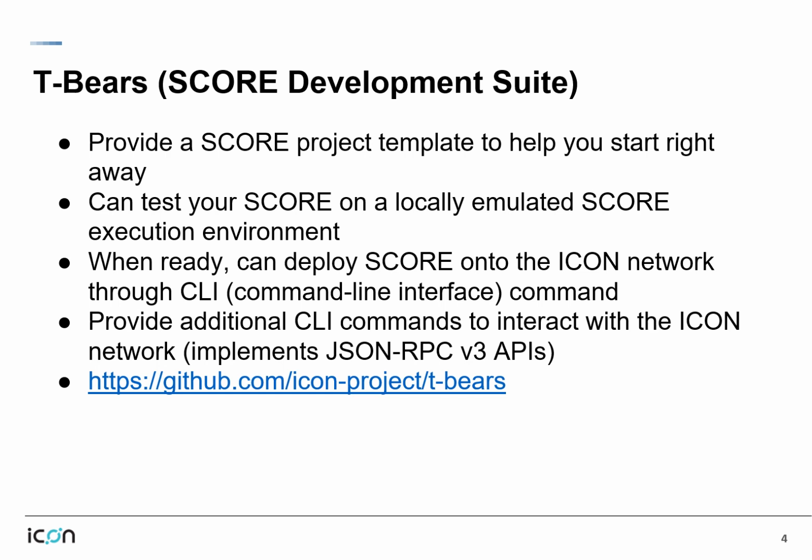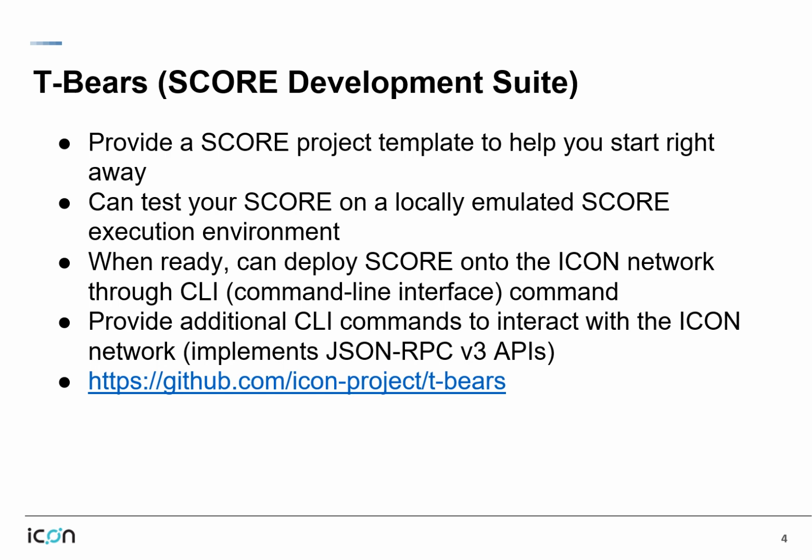When you write Score code, tools and a test environment are essential parts of the whole development process. So, we provide a Score development suite called T-Bears. Using T-Bears, you can generate a Score project template. And with this template, you can start coding right away. T-Bears also provides an emulated Score execution environment where you can test your Score locally.